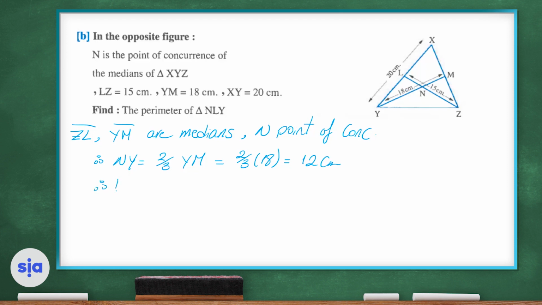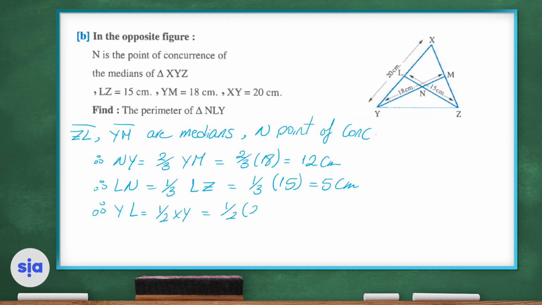And LN is 1/3 the LZ. So LN is 1/3 the 15, so LN is 5 centimeters. Where YL is half the XY, which is half the 20, so YL is 10 centimeters.